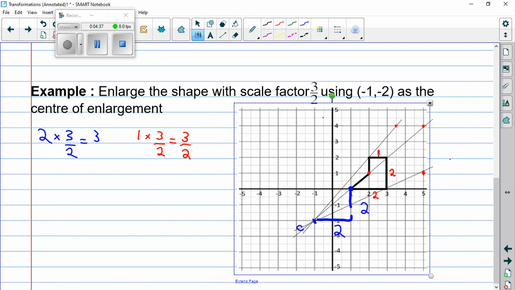Well, it's 1 down. So 1 down is 3/2 down, which lands there, which is great because now we have all the points we need and we can just connect them all with our lines. So grab out your straight edge and start connecting your lines. And if you notice, all of our vertexes did line up, which is good.